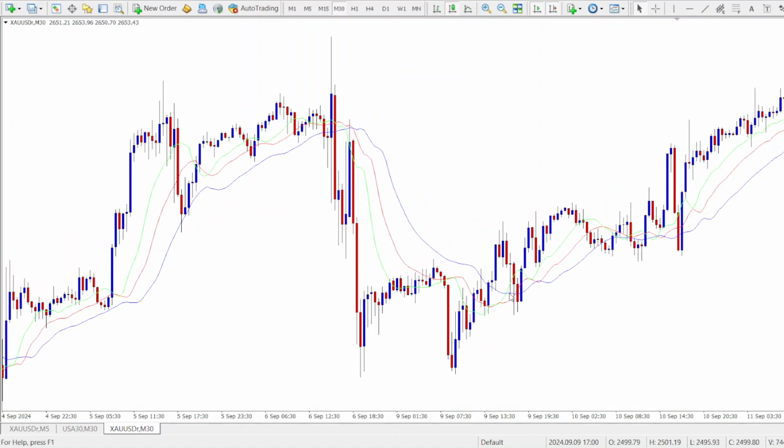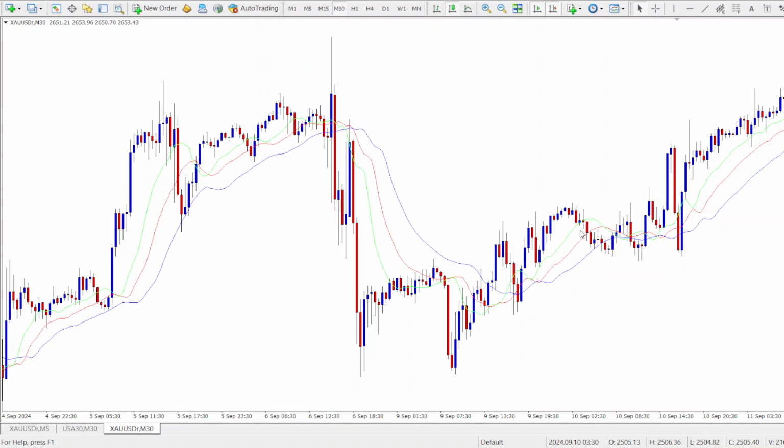So whenever you see an entanglement, you might want to wait for a breakout, or in this case, wait for the alligator lines to begin to widen apart clearly before you enter your buy or sell trade, depending on the direction of the alligator indicator widening.